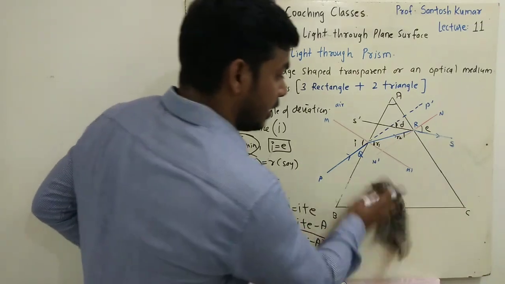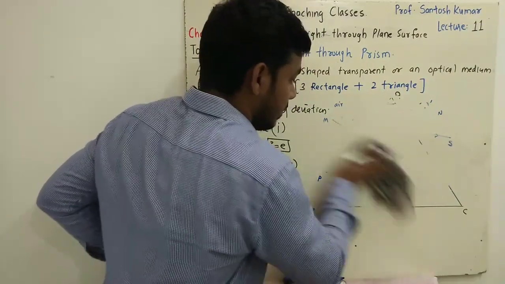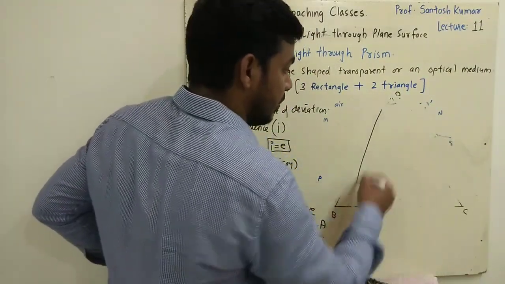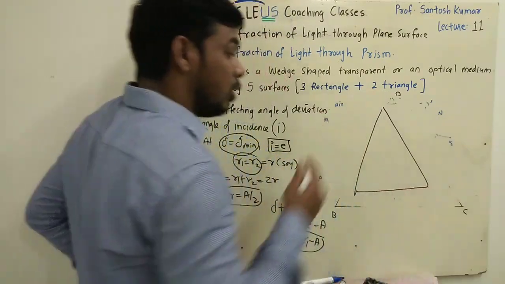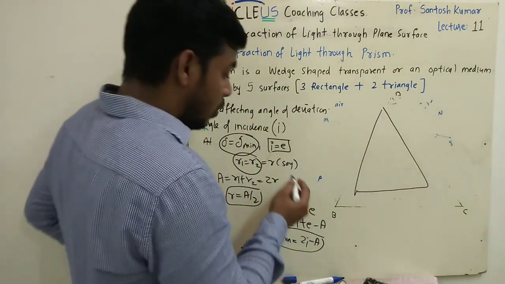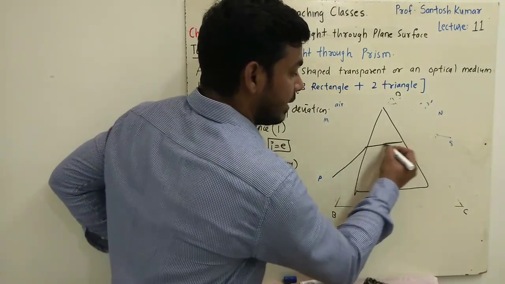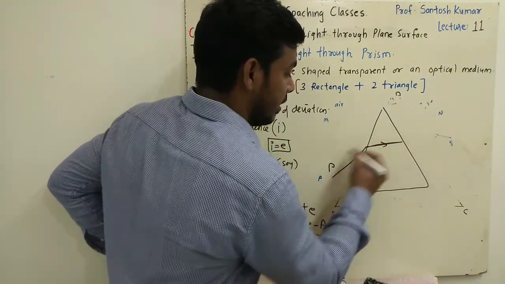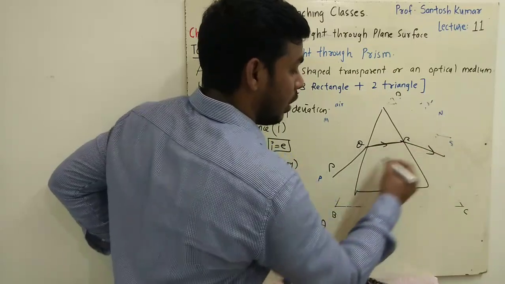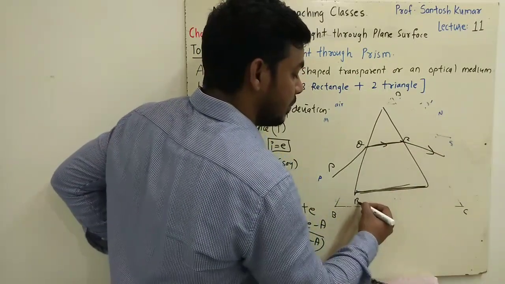So if I draw it on a figure, if I have got a prism and the angle of deviation is minimum, then R1 is equal to R2. So you have to say that in that case, the refracted ray QR is parallel to the base BC.